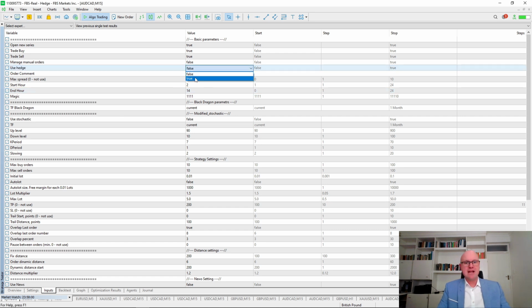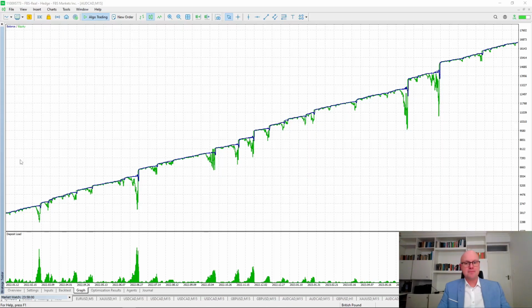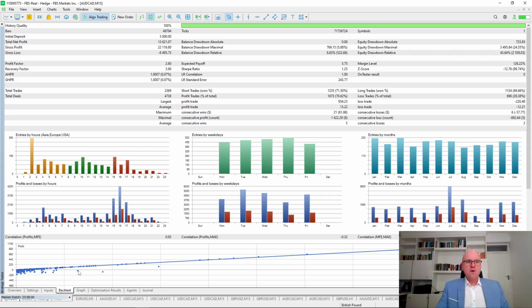Bidirectional trading means it has both buys and sells at the same time, and remember that each of these is a separate grid. Now, with those small changes made, we increased the amount of trading hours and set the hedge option to true. We'll see a very aggressive graph generating over 13K in total net profit with a drawdown of 3,500.